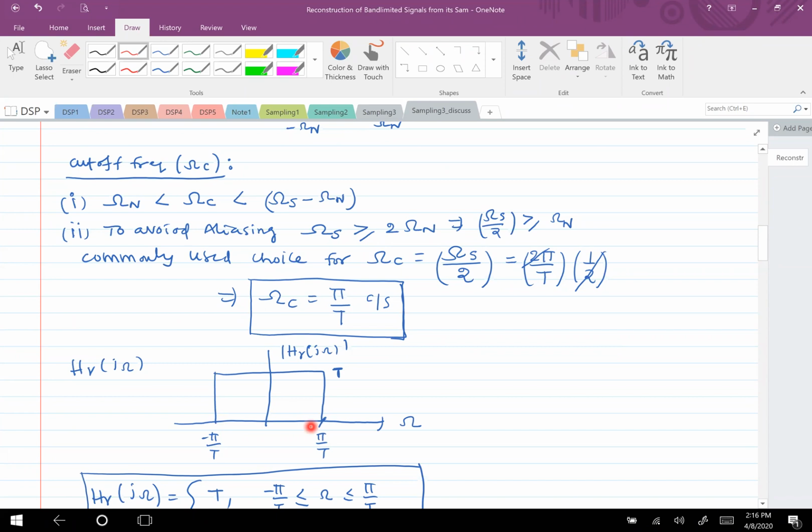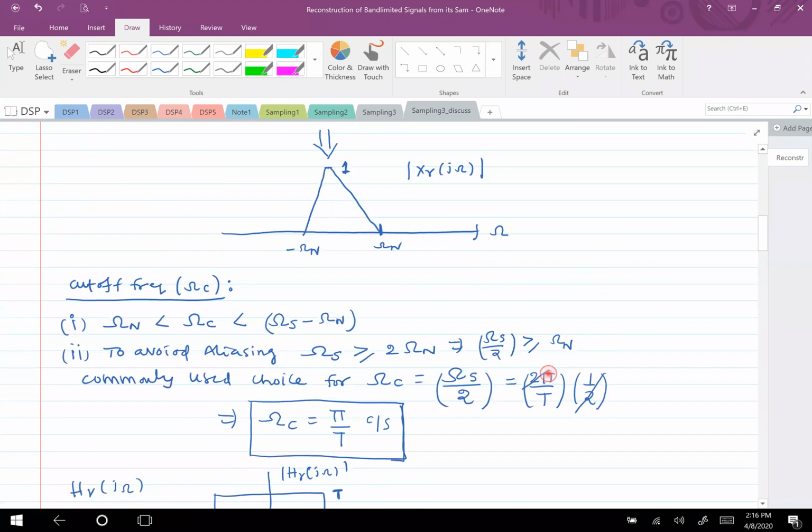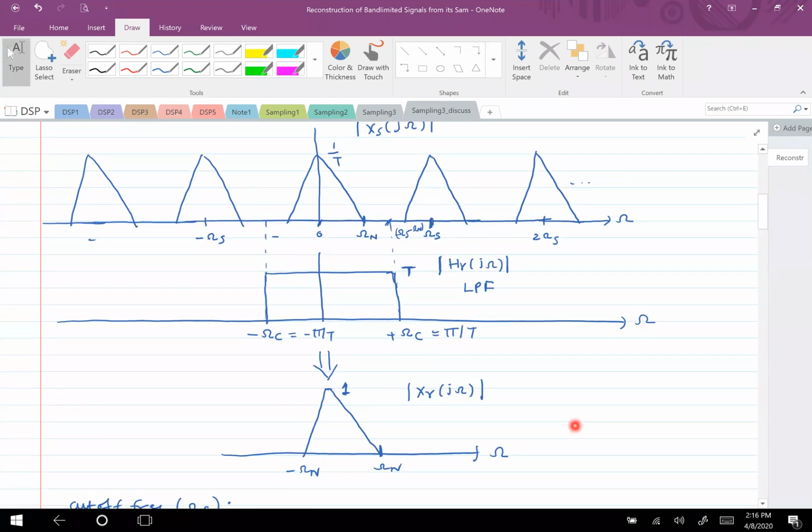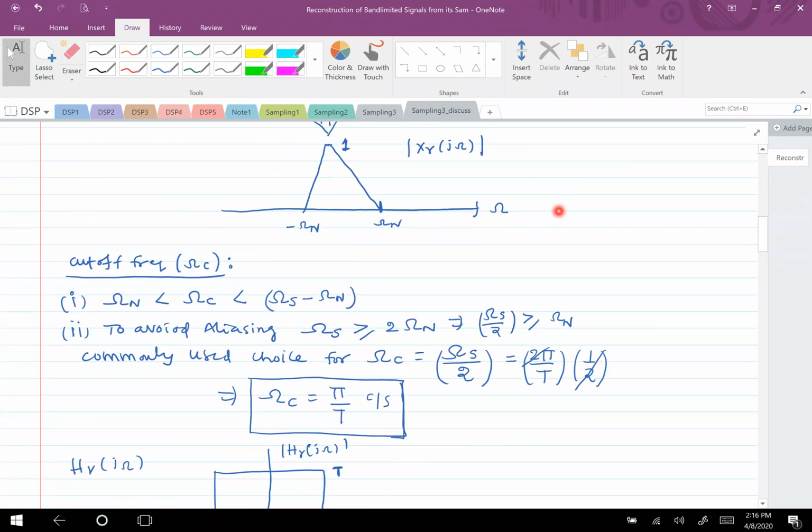You already know that this cutoff frequency should be in between, because this is where another copy is starting. It is placed at omega s, its magnitude extent is omega n, so this point will be omega s minus omega n. So your cutoff frequency is in between omega n and omega s minus omega n. That's exactly what we have written here, right?